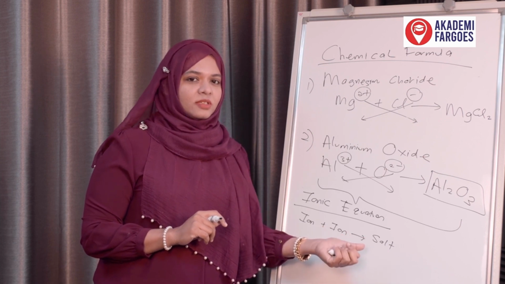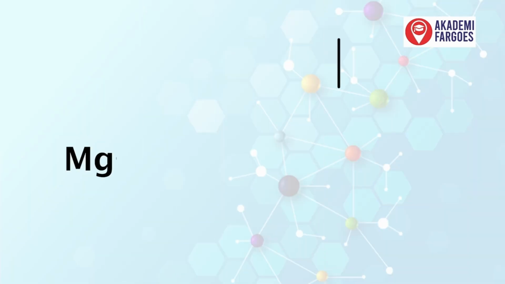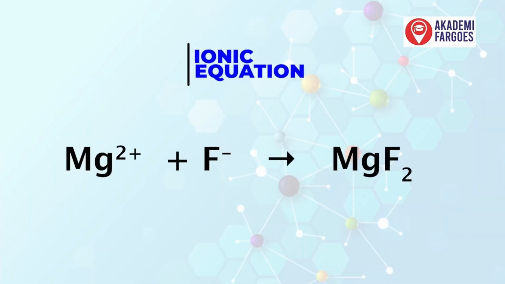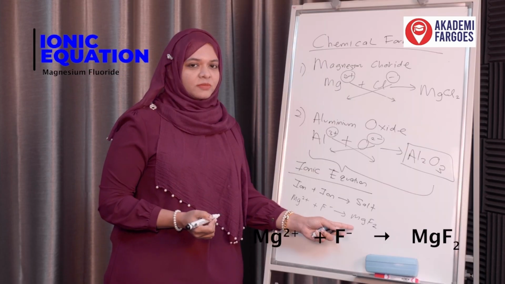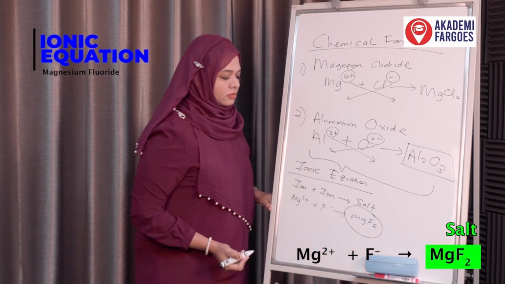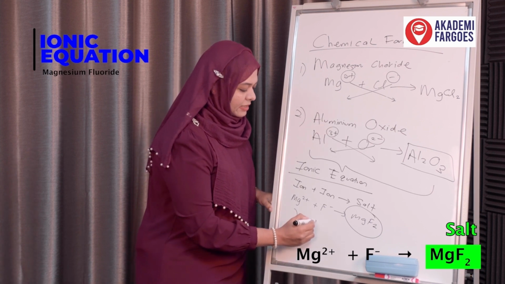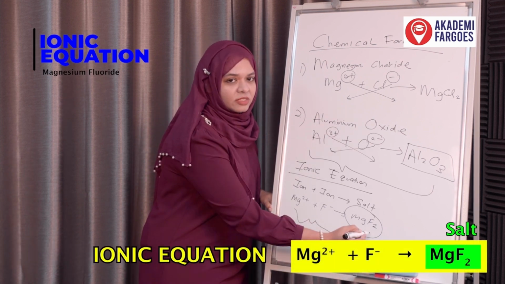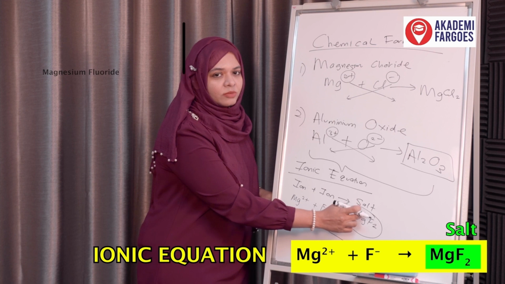Then you can produce a salt. Mg is 2+, fluorine is F-. The combination of fluorine and magnesium will produce magnesium fluoride. This is a salt. But this is an ionic equation: ion plus ion will produce a salt.